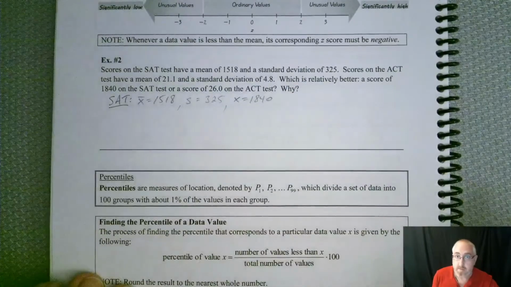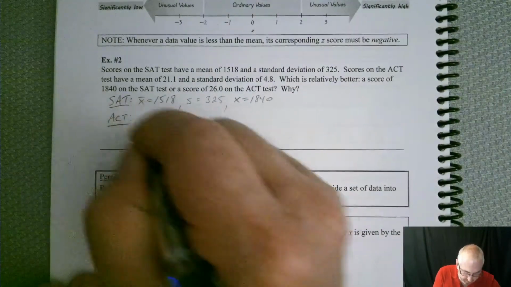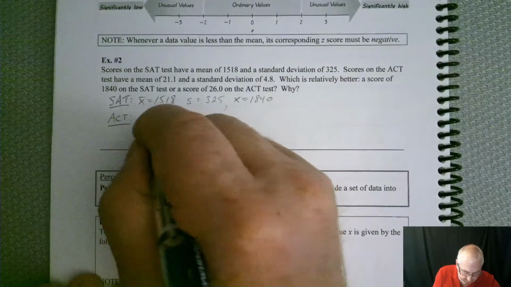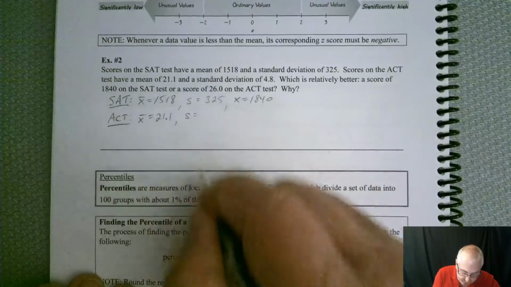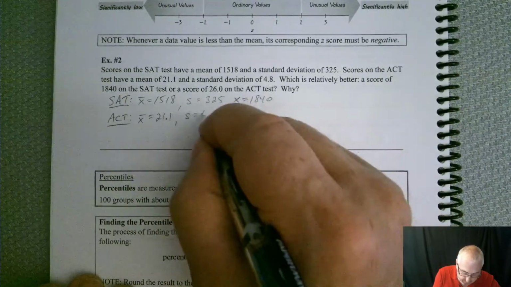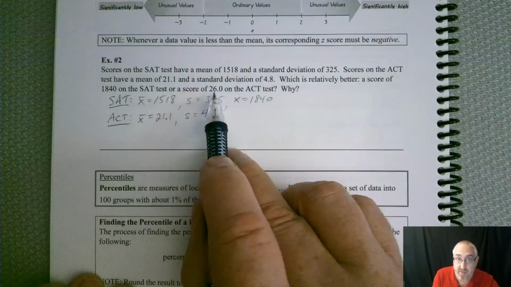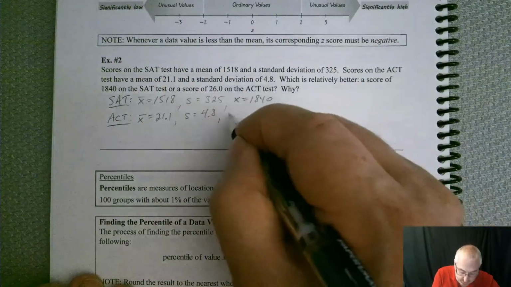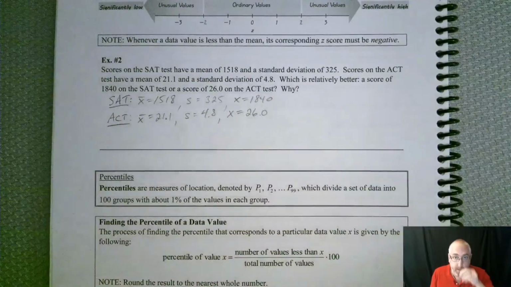Okay, ACT. Our mean is 21.1. Standard deviation is 4.8. And for this one, they're looking at a specific value of 26.0. So that's our value of x for that scenario.